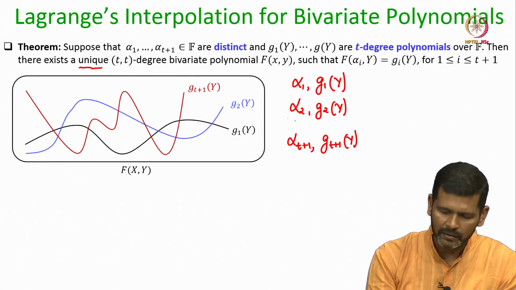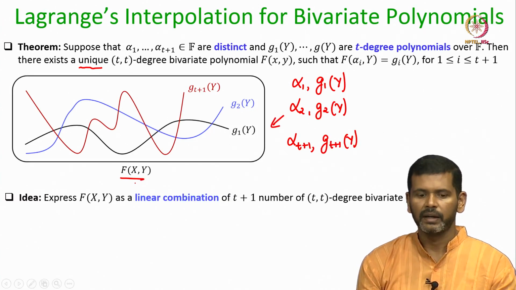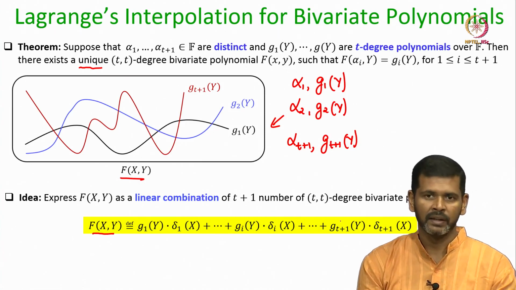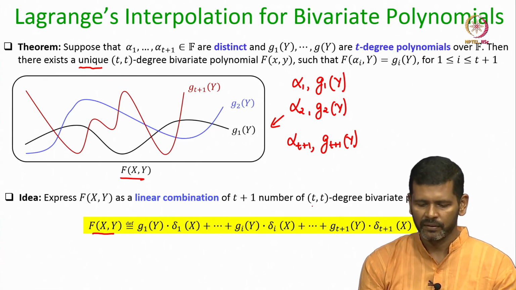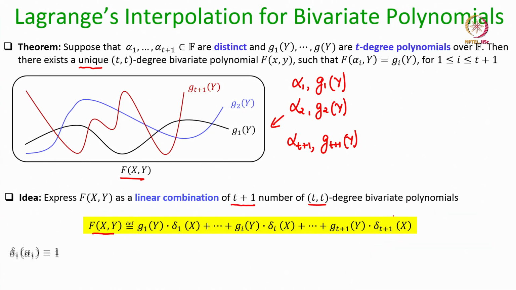I can pass a unique bivariate polynomial. And again the idea remains the same, we have to express that unknown polynomial as a linear combination or as a summation of several bivariate polynomials. To be more specific, t plus 1 bivariate polynomials which will have these forms.